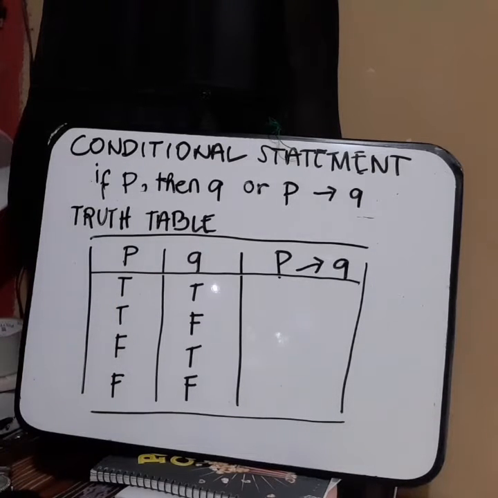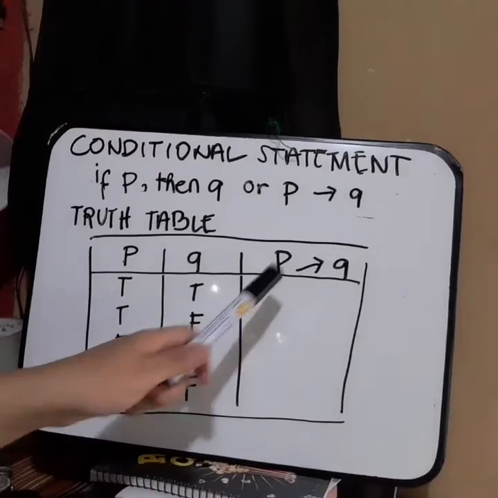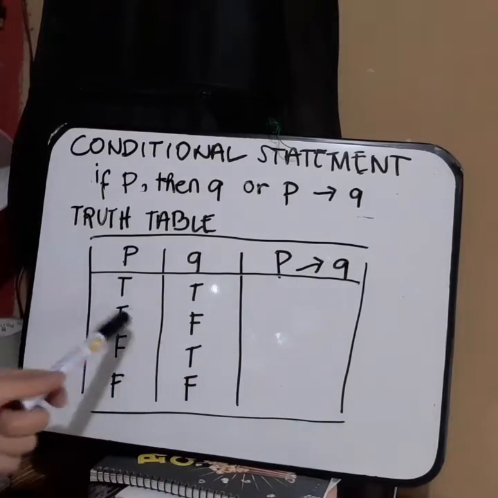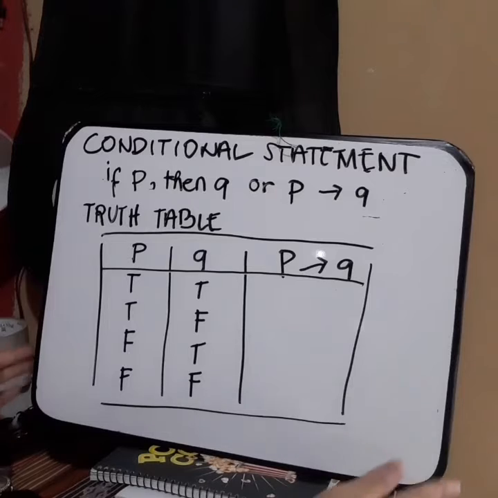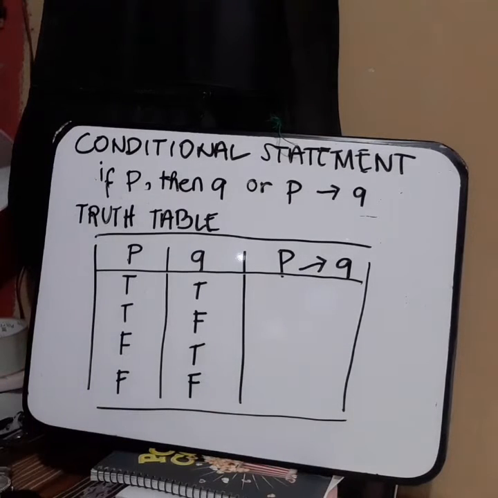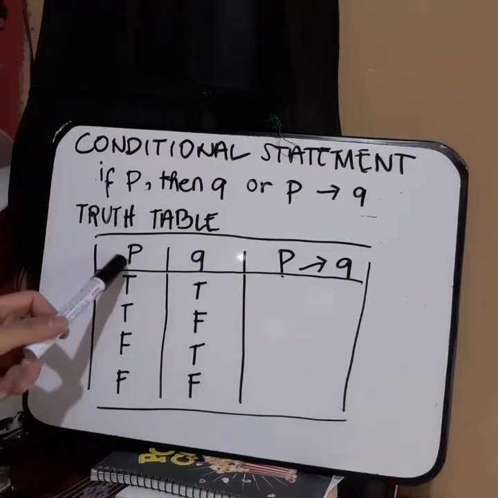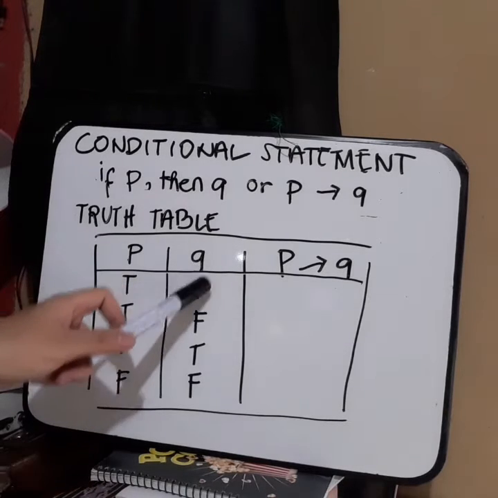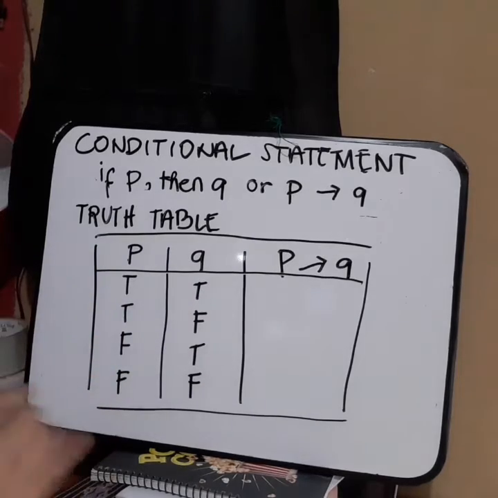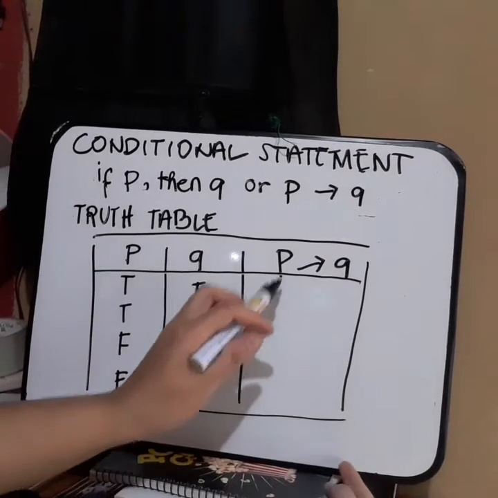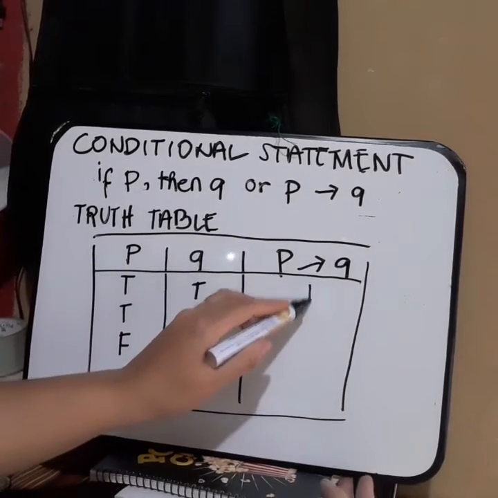In a conditional statement, how are we going to know if the if P, then Q is true or false? Here we do have the logical way of answering. If the P statement is true and the conclusion statement Q is true, then if P then Q will be true.